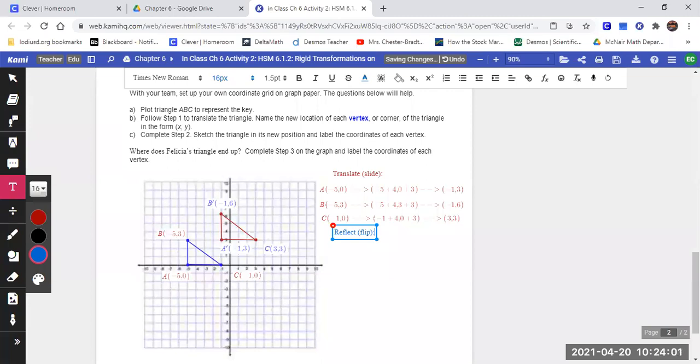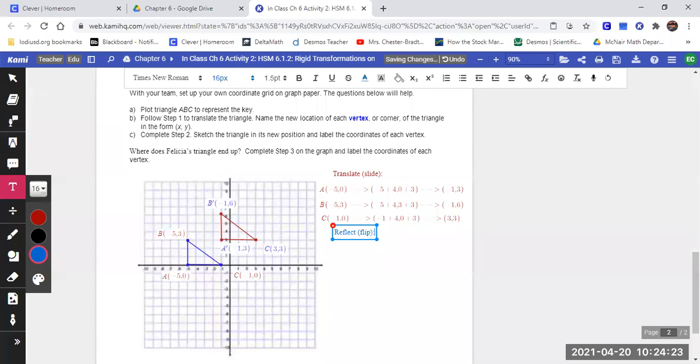X-axis. So which one of the lines is our x-axis? The one that says X on it, right? The sideways one. So if I'm going across the X-axis, is the paper folding? The paper folds on that line. So we're going to fold the paper on that line.